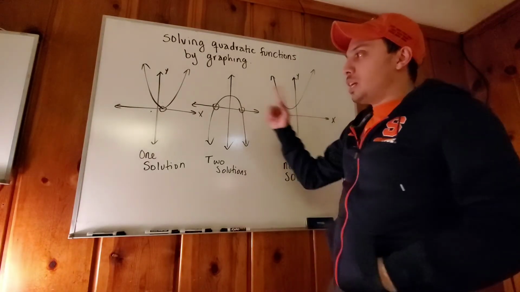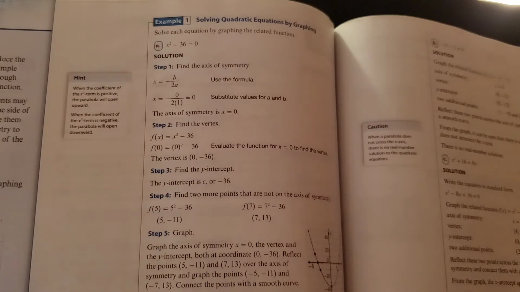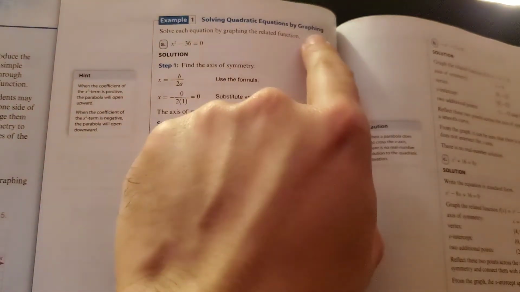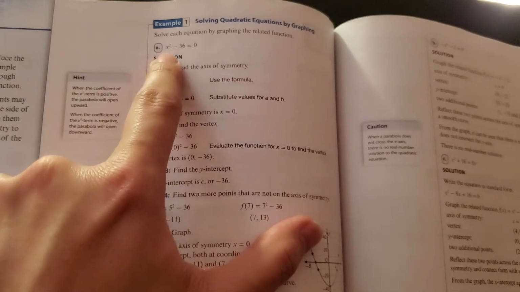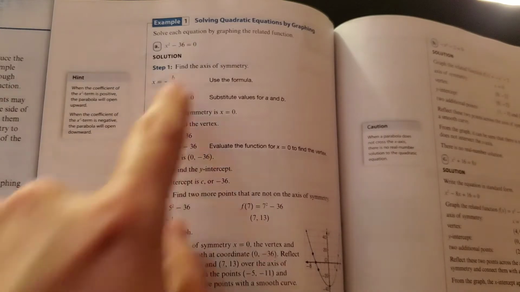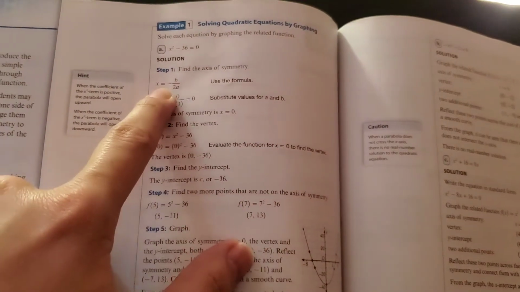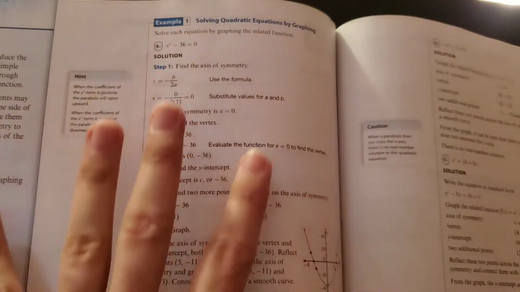So, yeah, let's actually get into the calculator part. Okay, so for the first example, and obviously this is your book, so hopefully you guys know where I am. It says solving quadratic equations by graphing, right? And so then it says x squared minus 36 equals 0, right? So then it says find the axis of symmetry, and they give you x equals negative b over 2a, and they give you the whole thing.